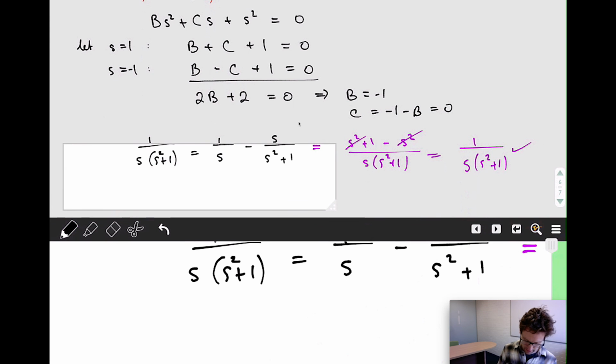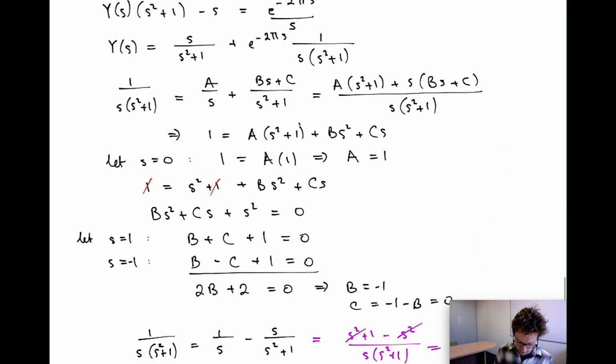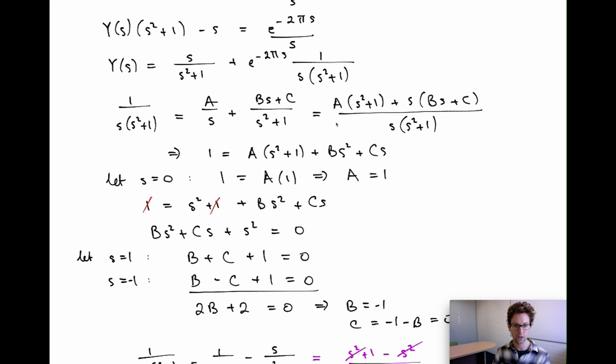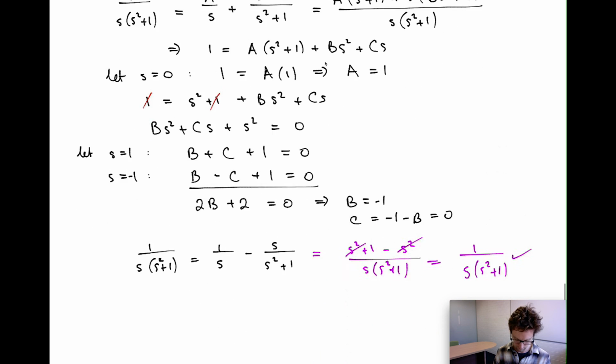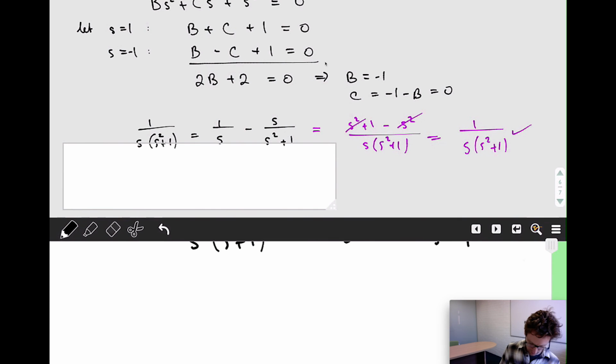Now let's find the inverse Laplace transform of e to the minus 2 pi s times that thing. So it's worthwhile writing out again what big Y of s is.